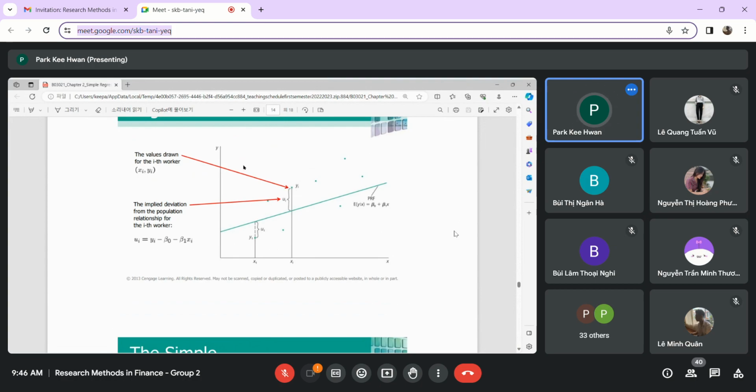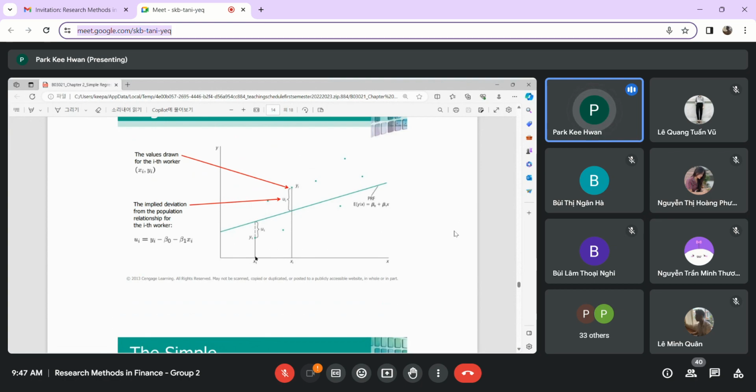So y measures the wage of workers, and x, for example, measures years of education. Then the observation on the first worker, we have the data point in here. So the wage rate is y1 and the years of education is x1.